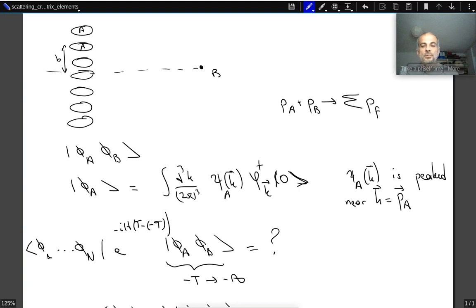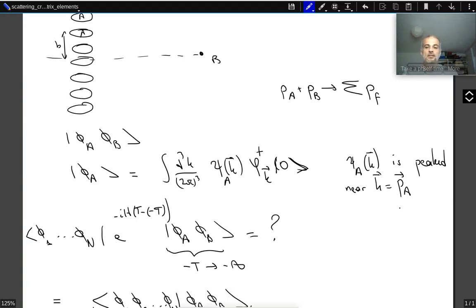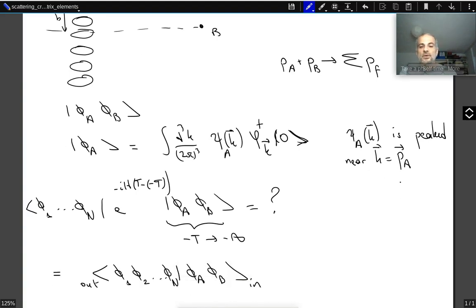The wave function will be peaked around this value, and the spread of the wave function around this value will be the uncertainty in its momentum, and the size of this beam, the bunches in the beam, will determine the uncertainty in the position. So Heisenberg's uncertainty principle tells us that the product of these two uncertainties should be larger than some non-zero value.